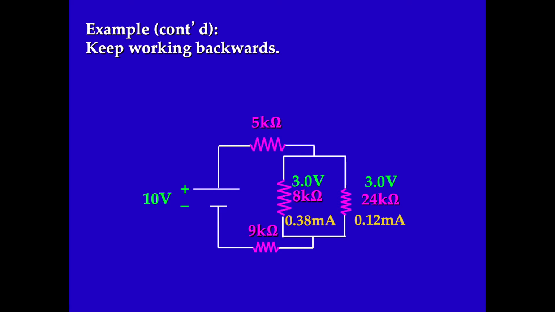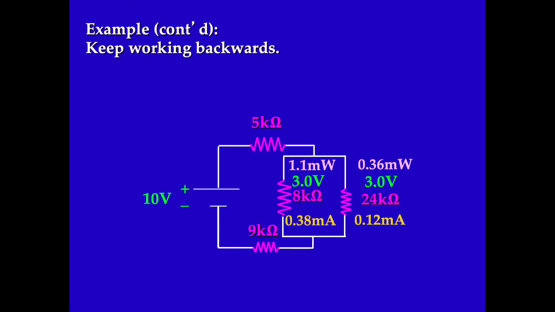And again, I can calculate power. Power is my 0.38 milliamps times 3 volts, and then my 0.12 milliamps times 3 volts. And that gives me 1.1 milliwatts and 0.36 milliwatts.